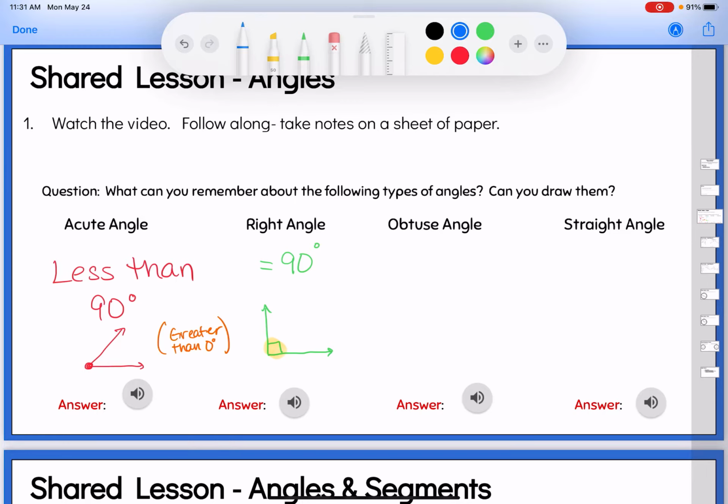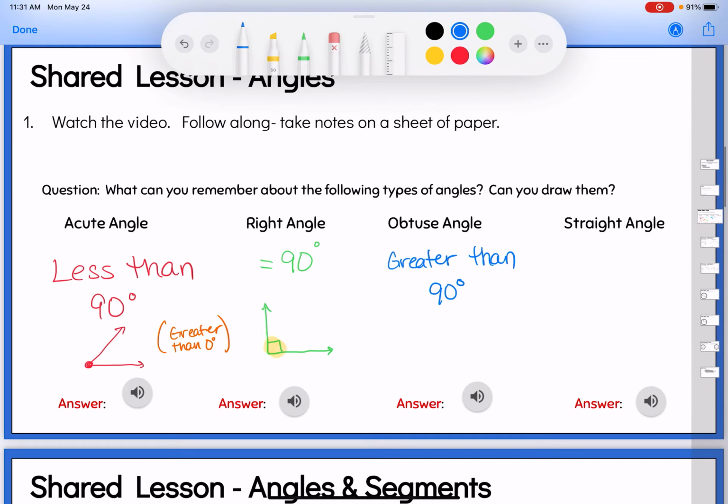Okay, an obtuse angle is any angle that is greater than 90 degrees. It would look something like this, right? But similar to our acute angle, in this class, we don't really talk about anything called a reflex angle. If we're thinking of this angle around here, well, that's greater than 180 degrees.